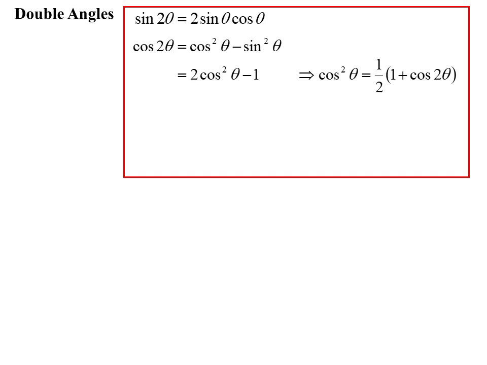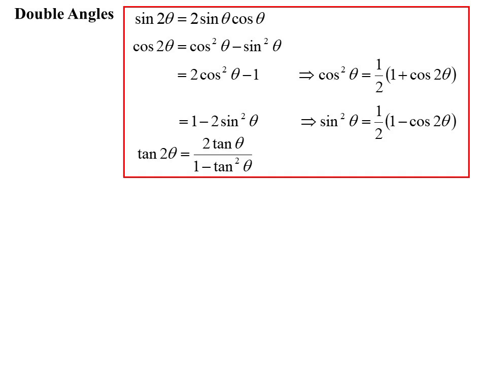So I could say that's a half of 1 plus cos 2 theta, and we get a very similar one with the sine squared. When I rearrange that one, I get sine squared as a half 1 minus cos 2 theta. So basically they're the same, but the cos squared is plus cos 2 theta and the sine squared is the minus cos 2 theta. And there's our tan 2 theta, 2 tan theta on 1 minus tan squared theta.